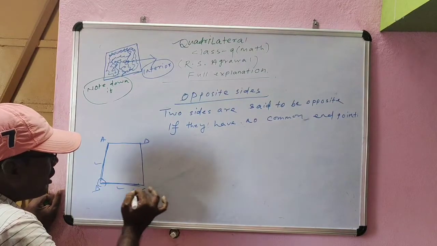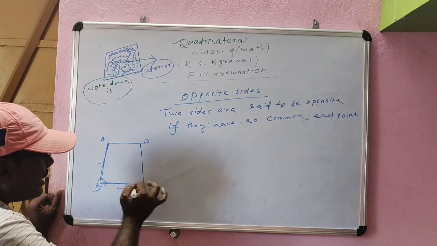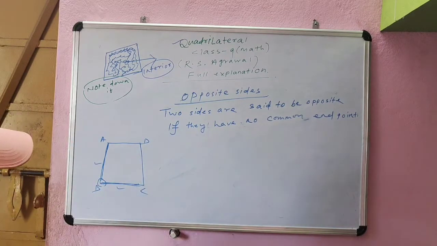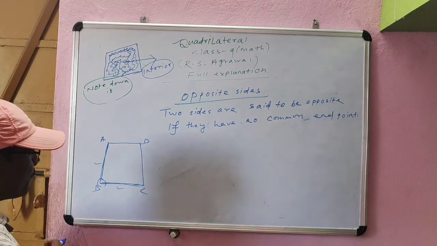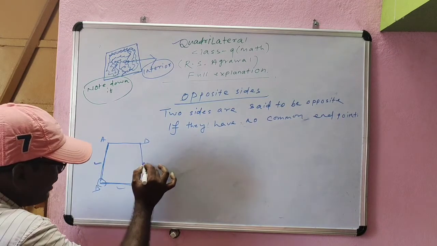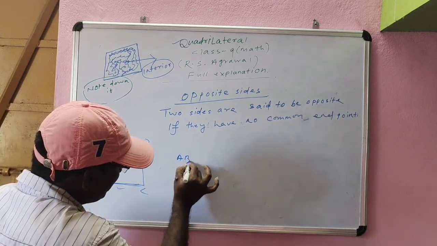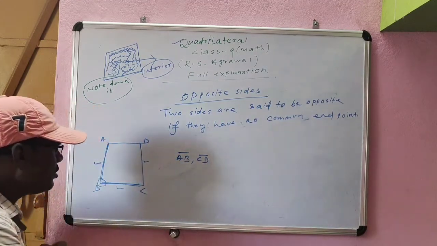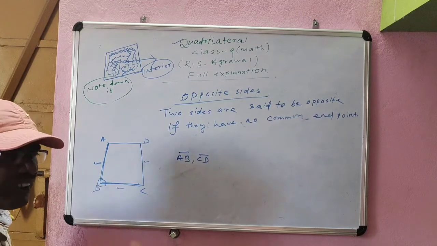Suppose it is the figure of a quadrilateral, that is ABCD quadrilateral. If you take side AB and side CD, then you see that they have different endpoints.